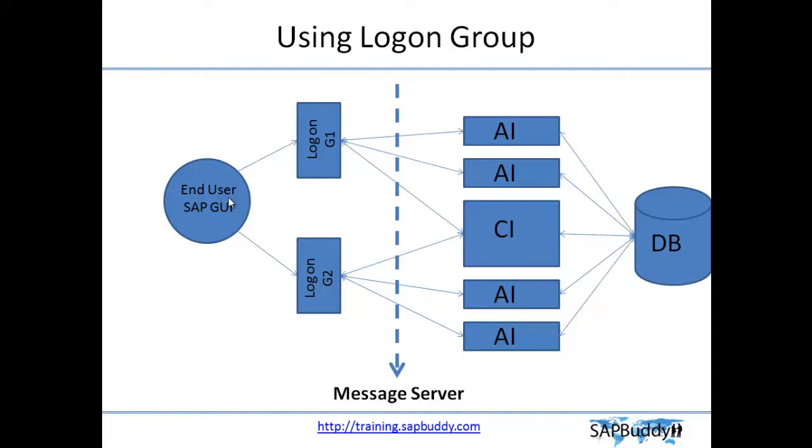The best scenario is, let's say you create one logon group, put all the central instance and application instances in one group, and let SAP manage the load balancing on its own. This is the general approach you may see in many SAP systems.